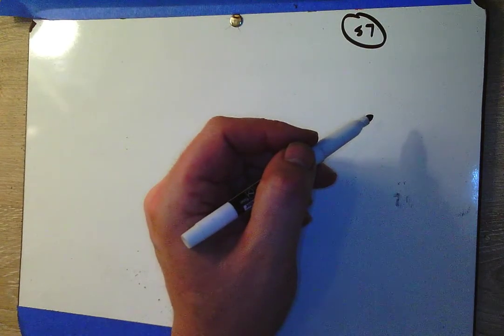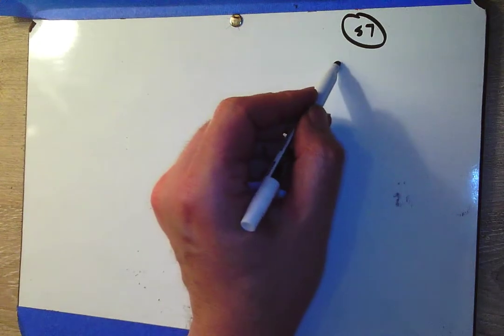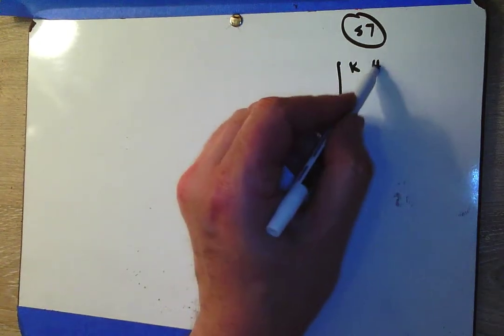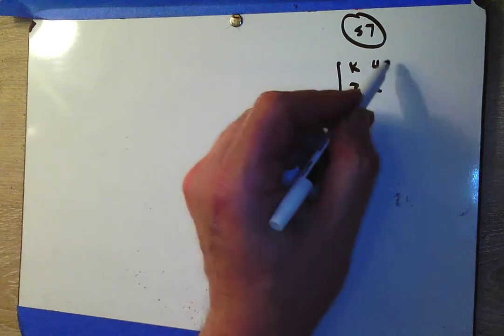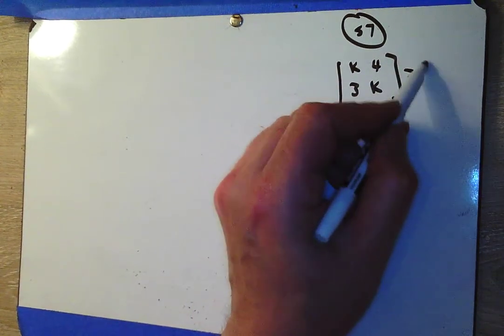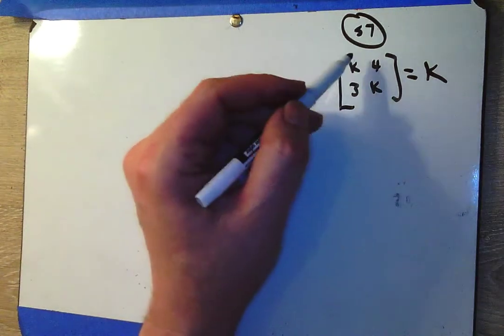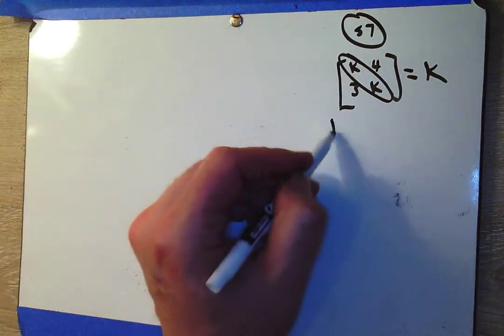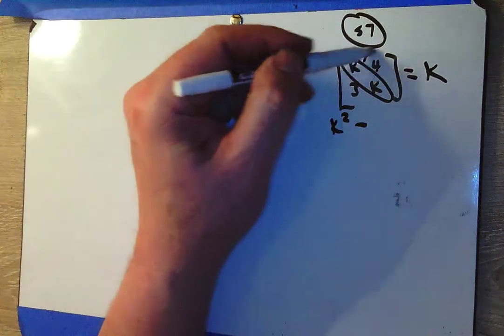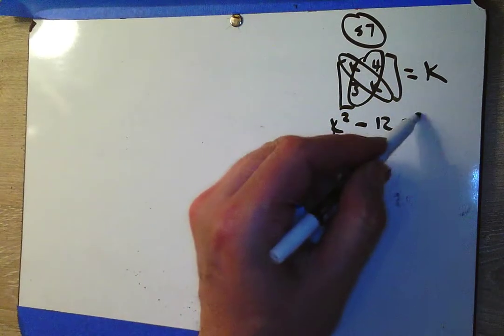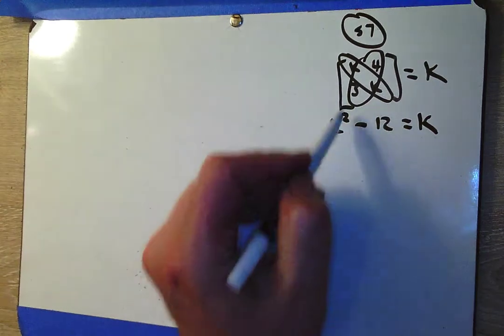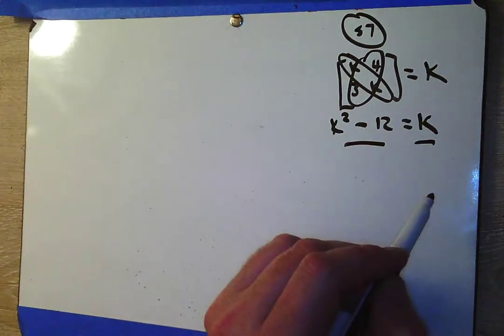For what positive real values of k is the determinant of k, 4, 3, k equal to k? Well, remember the determinant, and they tell us here the determinant is this times this minus this times this. And we want to know when this determinant is equal to k.